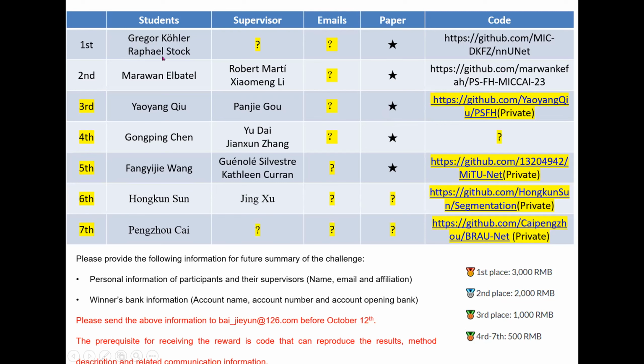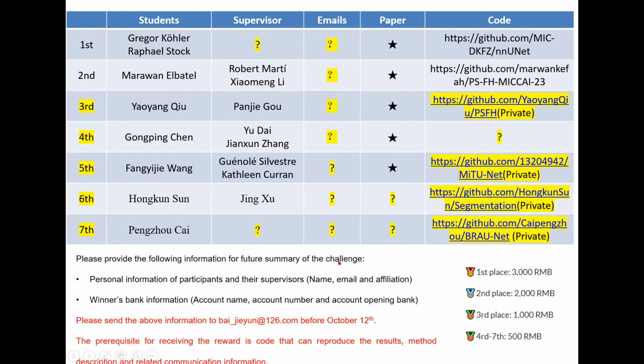We can say the first one and the second one, most of the information were completed, but from the third to 7th, most of the code is private or cannot reproduce their methods.